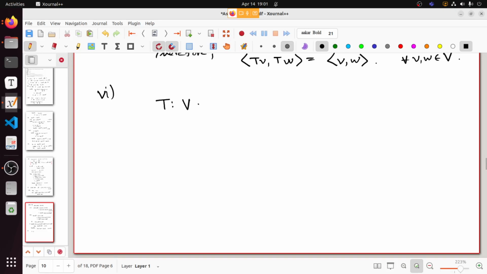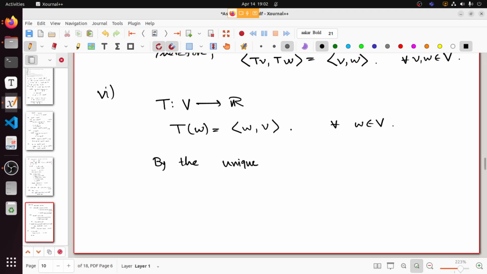So T is a linear map V to R, Tw is inner product W with V, right, for all W in V. Then by the uniqueness of the Riesz representation theorem, V is unique.